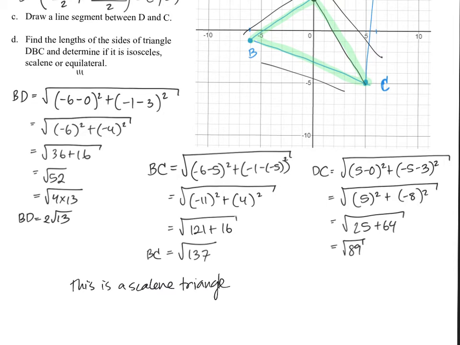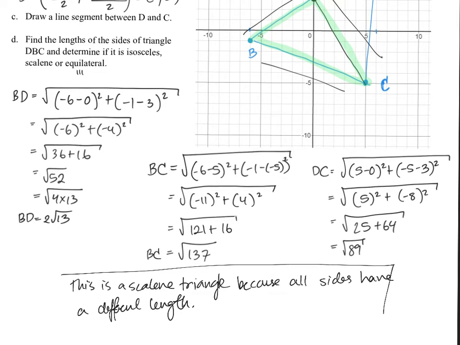Why? Because all sides have a different length. Period. Okay, so notice for this problem, you would not have ended on the square root of 52. You should simplify it. We only looked back at the 52 for the comparison.